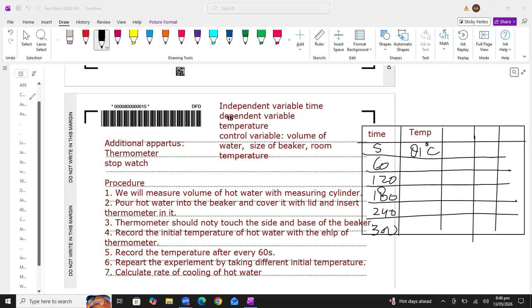Okay. Then again, we have to write the second temperature. And next time we have to perform the experiment with several different initial temperatures. So we have to mention the initial temperature completely.